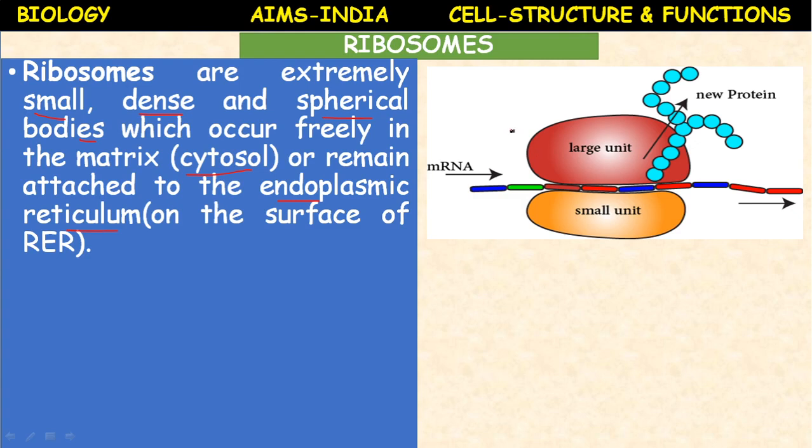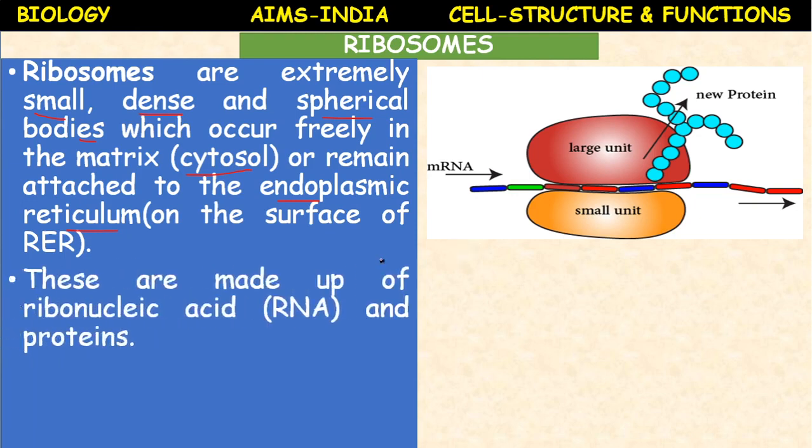So, ribosomes either exist freely or get attached to the rough endoplasmic reticulum. These are made up of ribonucleic acid and proteins. They are made up of RNA in the form of mRNA and proteins.